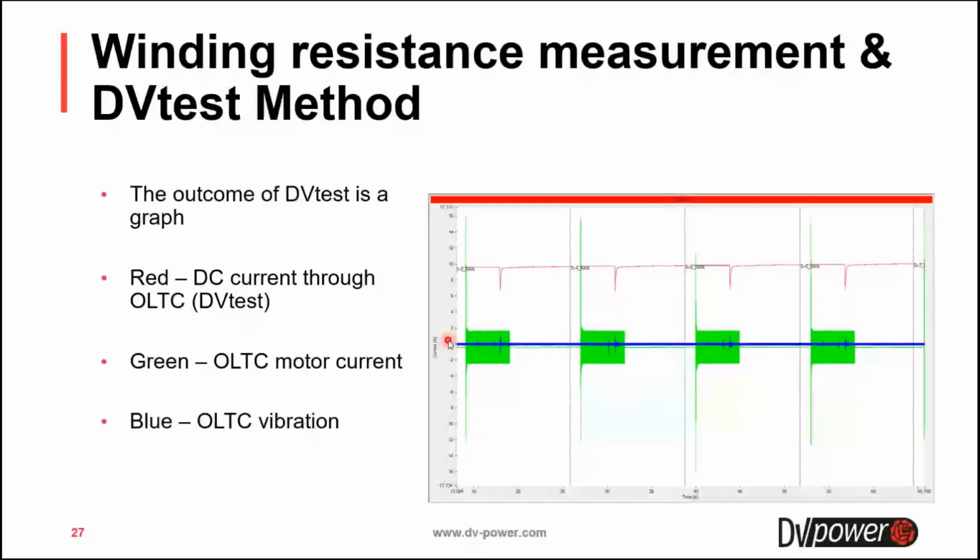In red we show the DC current to the OLTC, in green we can see the OLTC motor current, and in blue we show vibration.